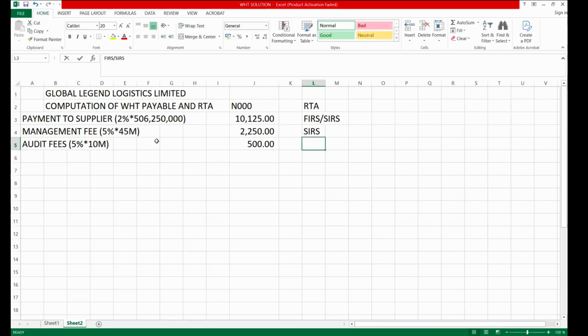We talked about audit firms earlier. Audit firms are usually firms of partnership business. So State Internal Revenue Service.